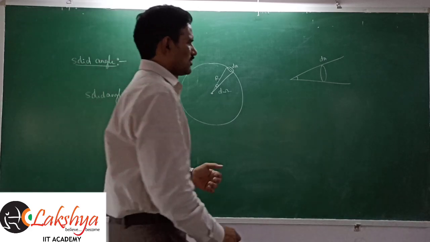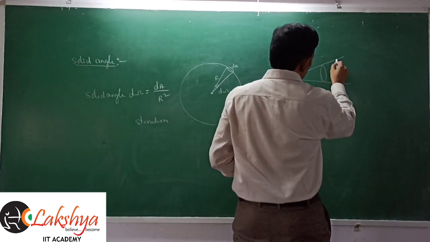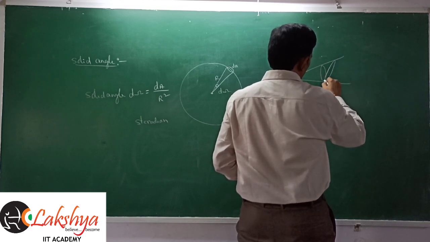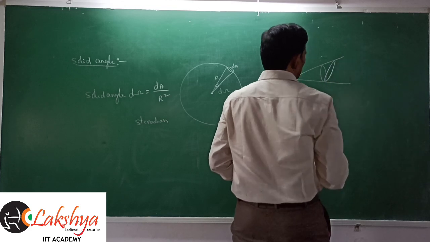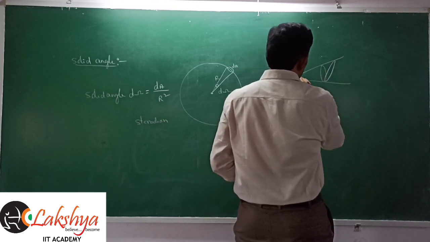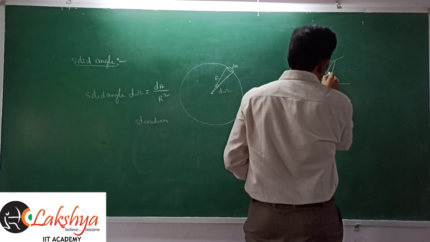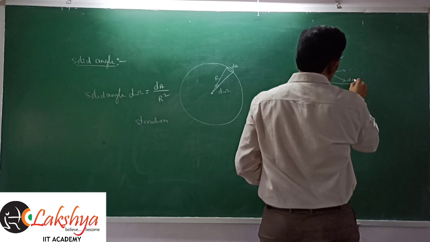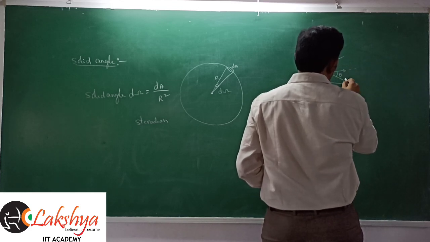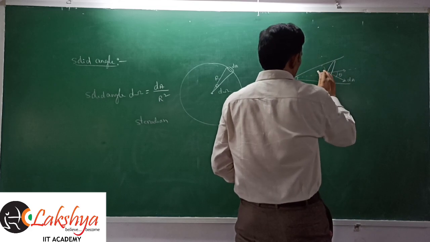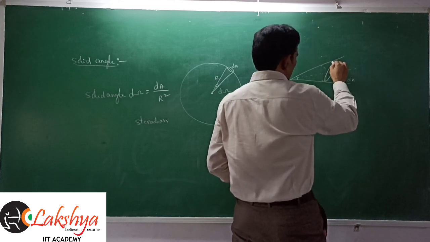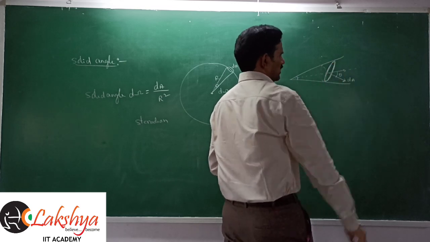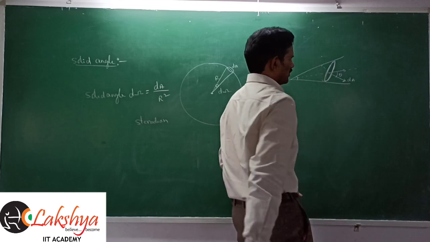Instead of this, I am taking the area element like this, such that it is not normal to the radius; it makes a certain angle theta with this normal here.